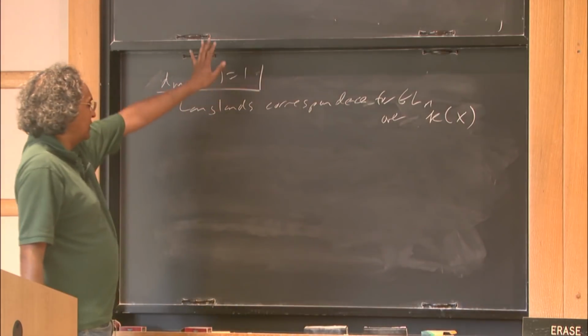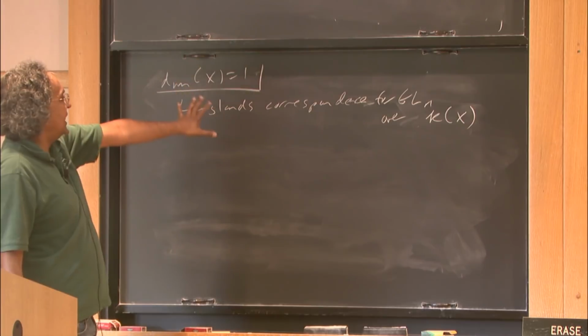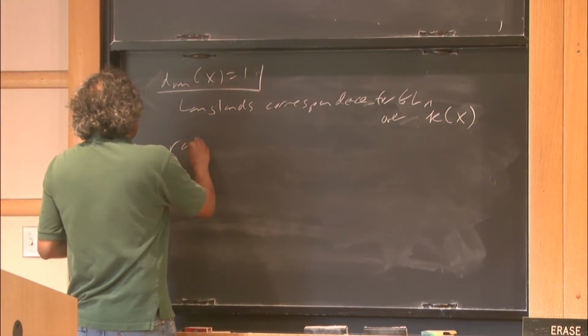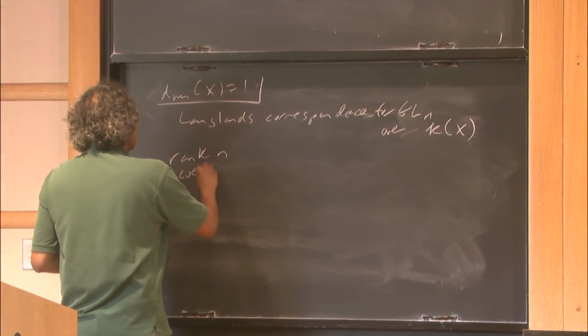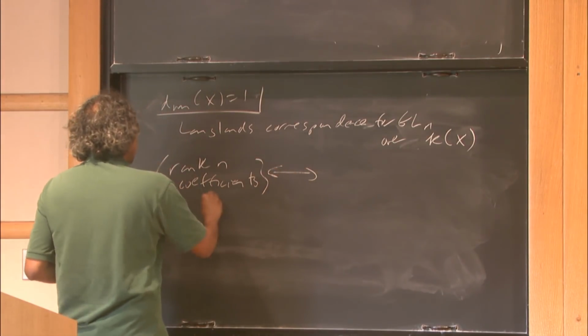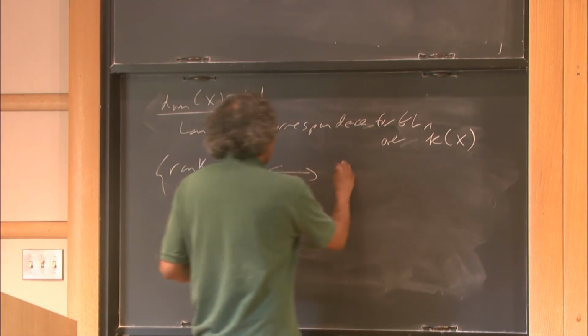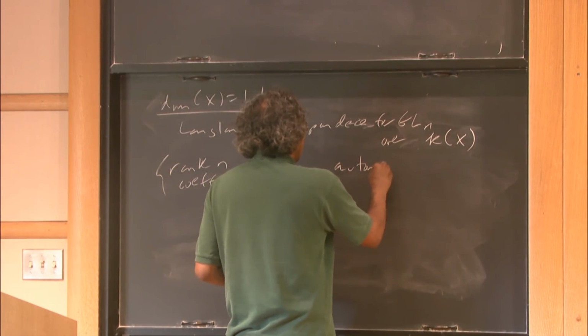So the Langlands correspondence for GL_n tells you that rank n coefficients on x, say irreducible with determinant of finite order, correspond to some sort of automorphic stuff.